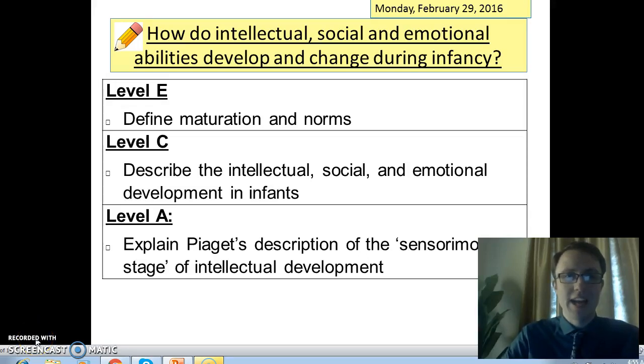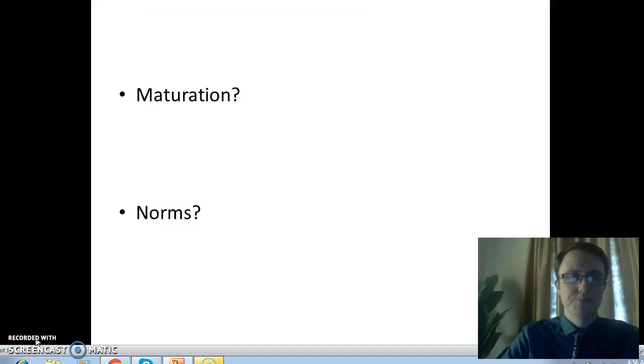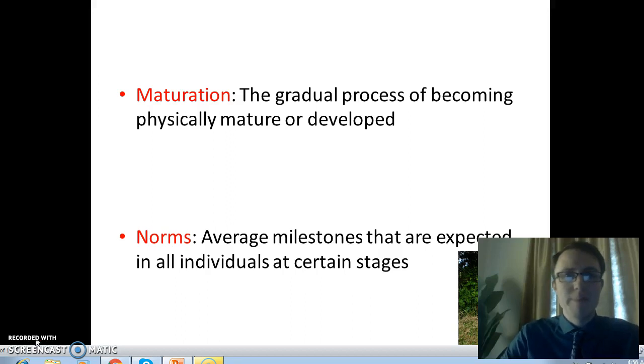Today we're going to be looking at infancy, but this time the intellectual, social and emotional development during this time. At level E we're going to define maturation and norms. If you're trying at home, pause the video and see if you can define these terms. Maturation: the gradual process of becoming physically mature or developed.